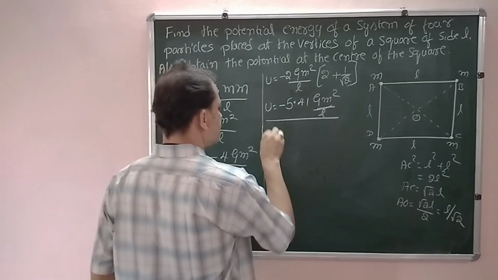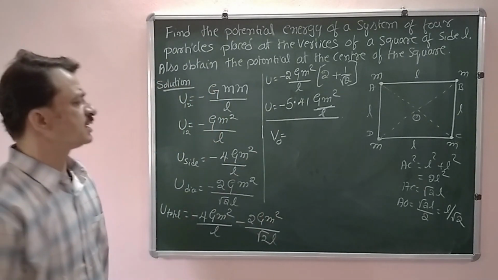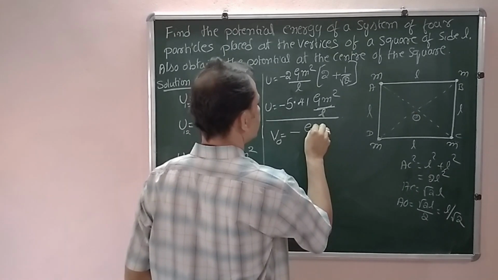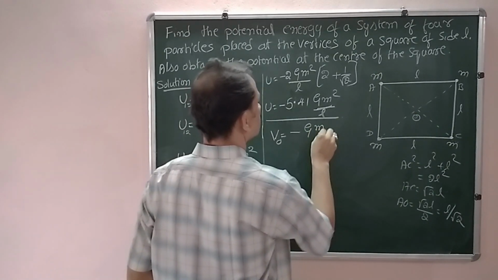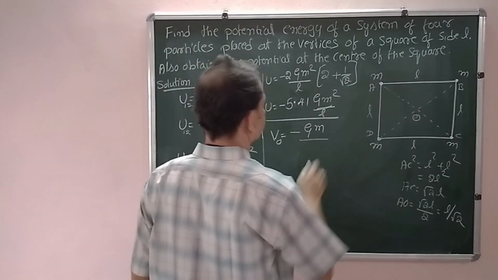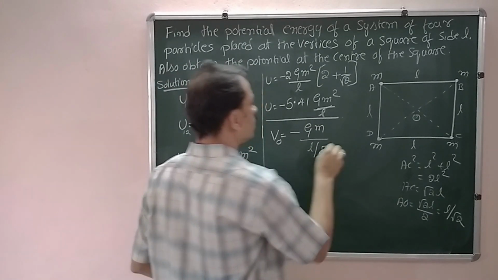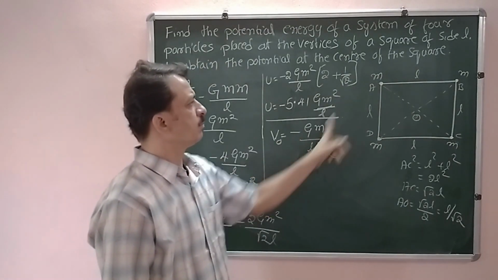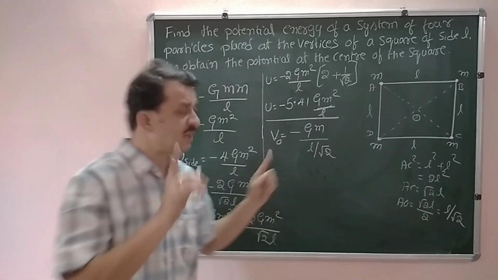Therefore, the potential at the center is given by the general formula minus G m, the mass of that particle, divided by L by root 2. This is for a single particle.